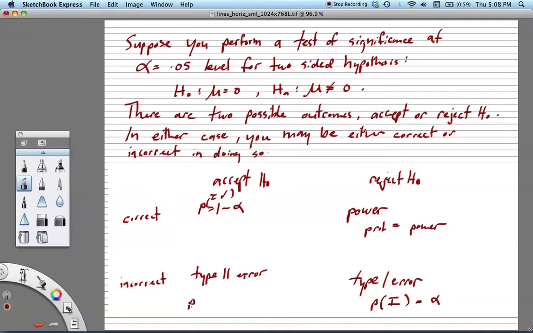And the probability of getting a type 2 error is going to be 1 minus the power.